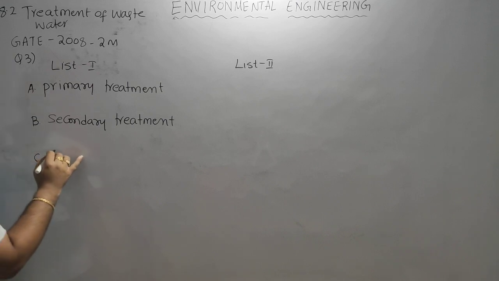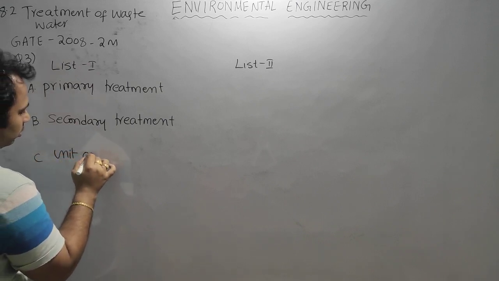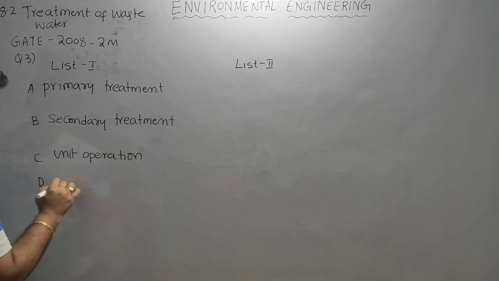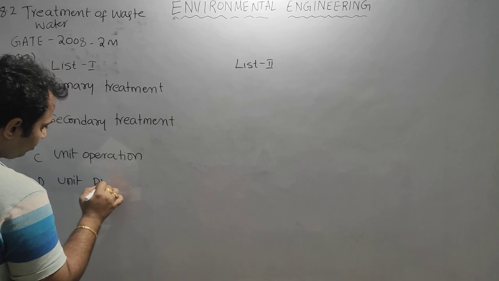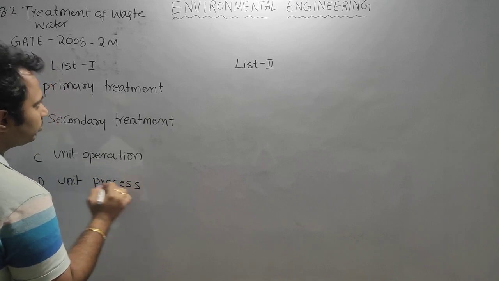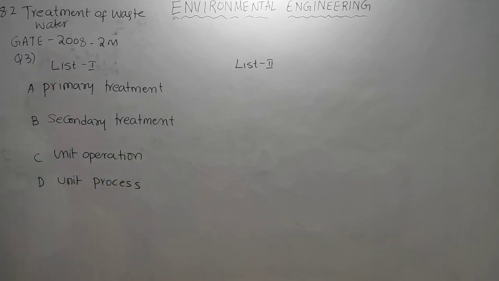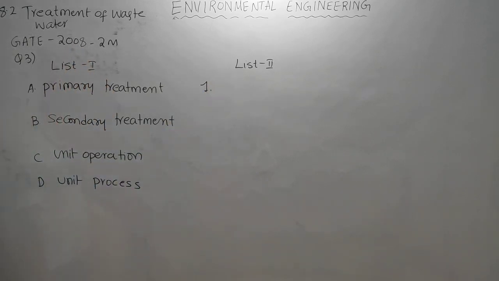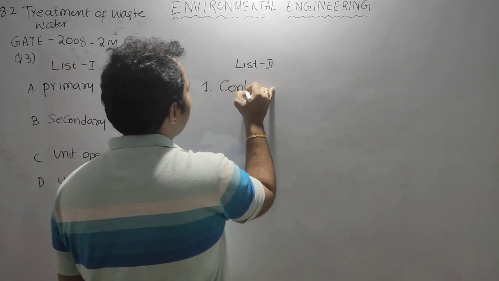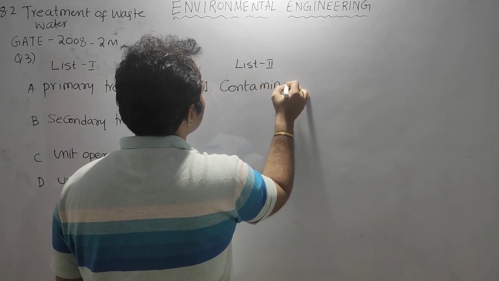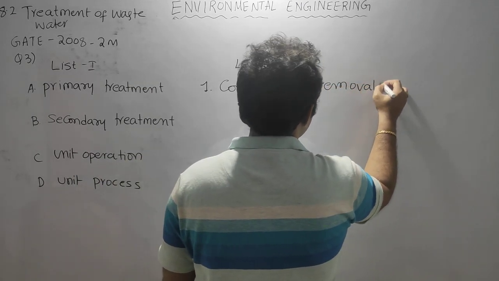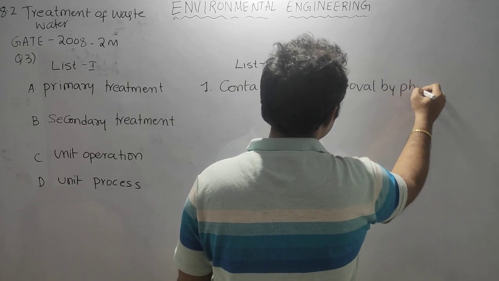Then unit operation and unit process. And here, option 1 is contaminant removal by physical forces.